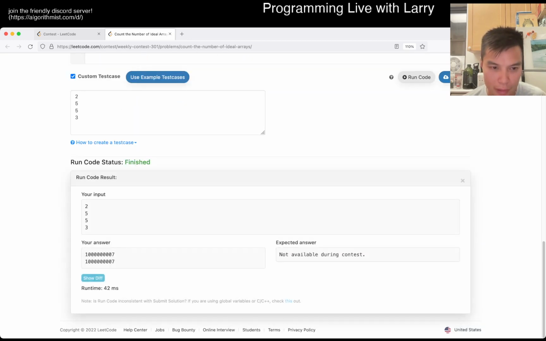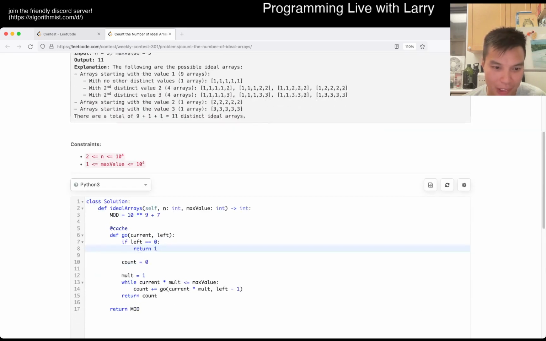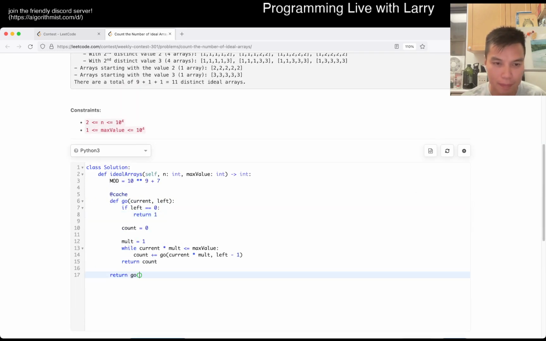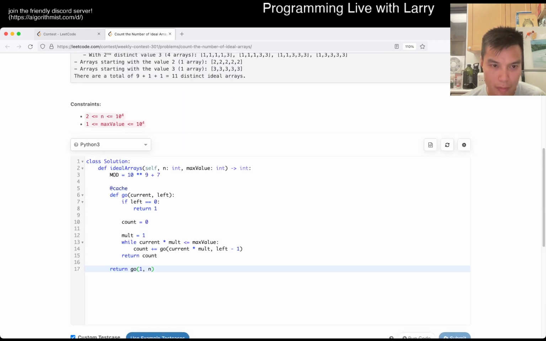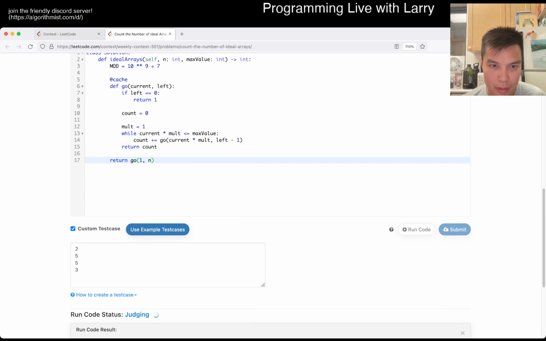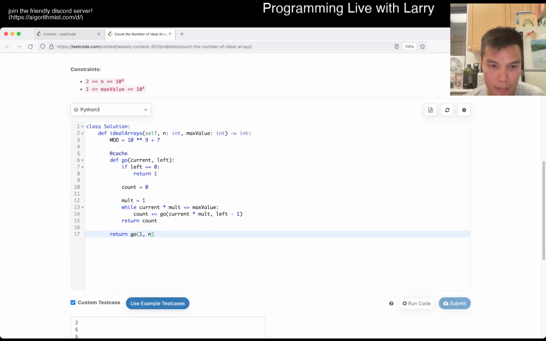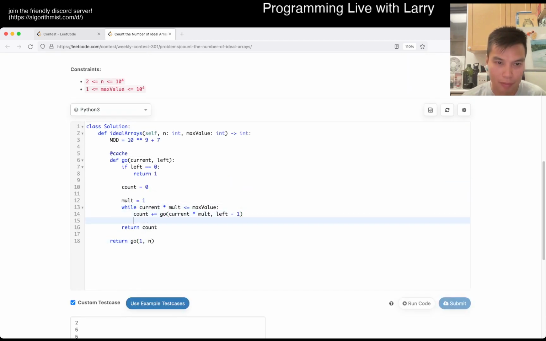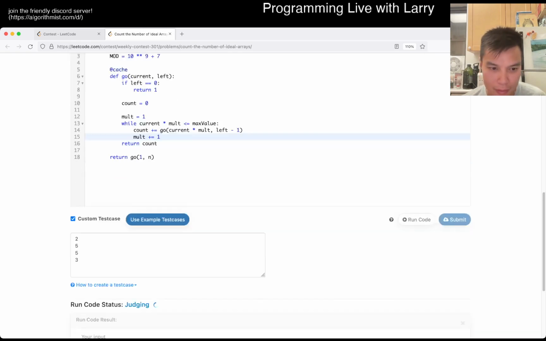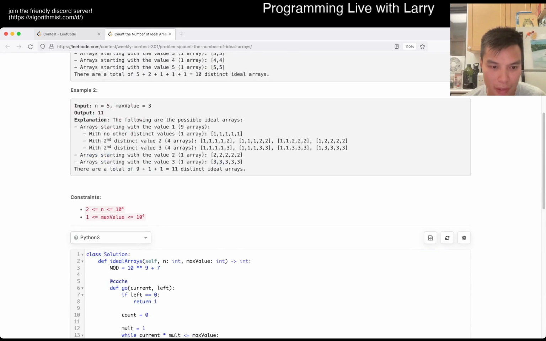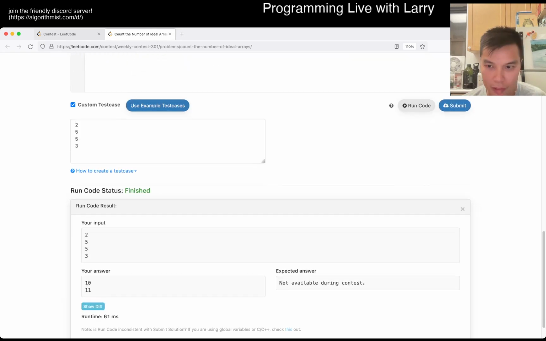Is this going to be right, but is it too slow? I was wrong about it being right. Oh, I didn't actually return it, that's why. But oh well, this part's an easy fix. 10 and 11. Oh wait, that's right, but is it fast enough? Right.